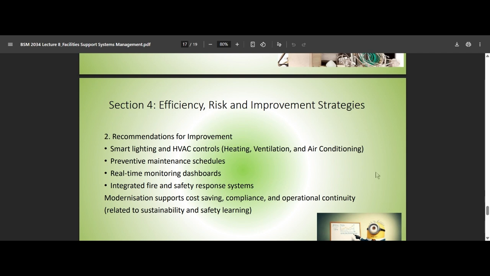A preventive maintenance schedule also improves the support facilities. Then you have real-time monitoring dashboards.